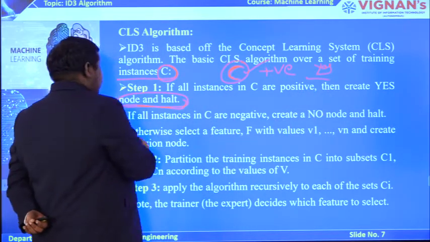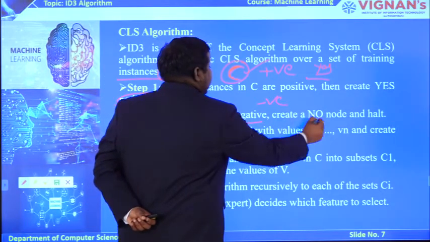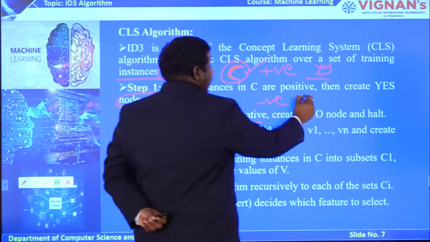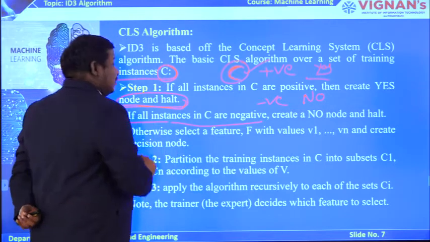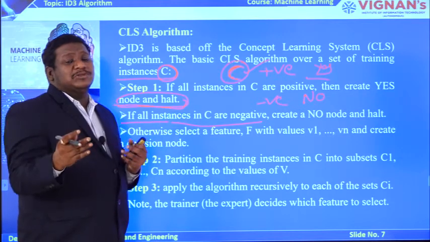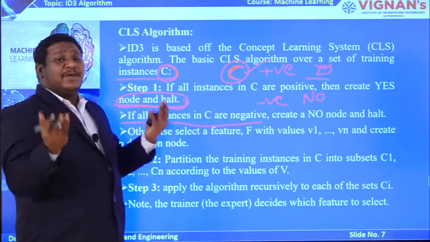Step 2: if all instances in C are negative, create a no node and halt. Otherwise, if the instances are not all positive or all negative, that is, some are positive and some are negative, then what will be the situation?